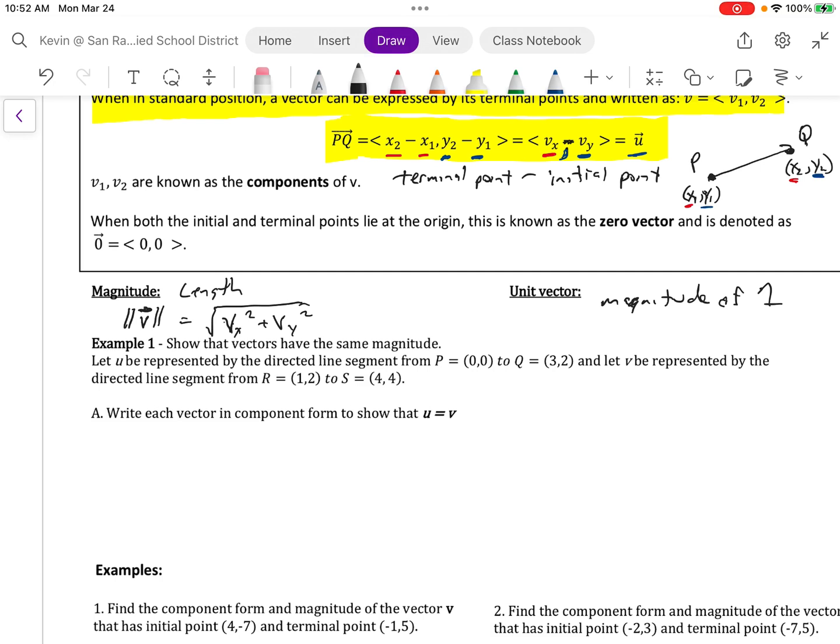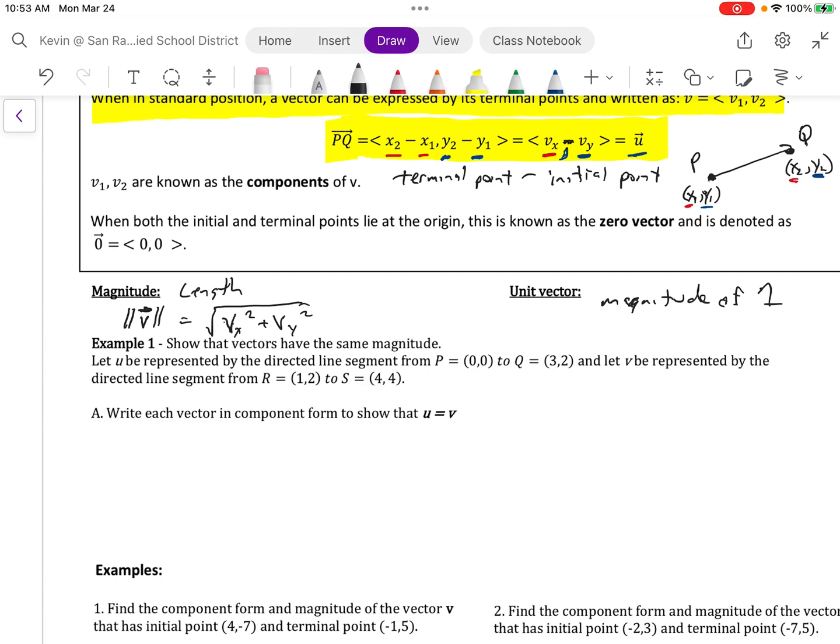Example: show that vectors have the same magnitude. We're going to let U be represented by the directed line segment PQ, from 0, 0 to 3, 2, and we're going to let V represent another one.